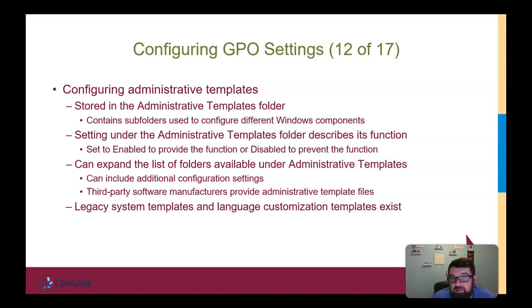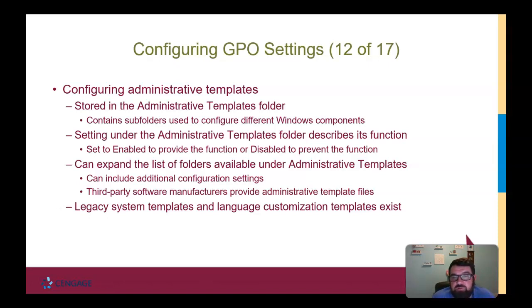The setting under the admin templates folder describes its function. For most of them, you either set it to enabled to provide the function or disabled to prevent the function. A lot of them will be not configured by default, but as you enable and disable things, that's when you can take control over those computers under the GPO that it applies to.